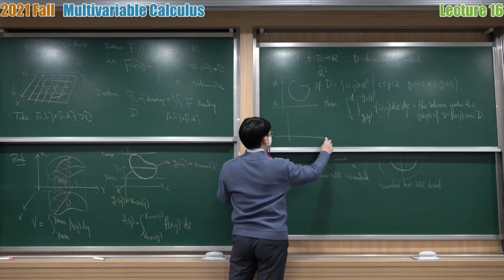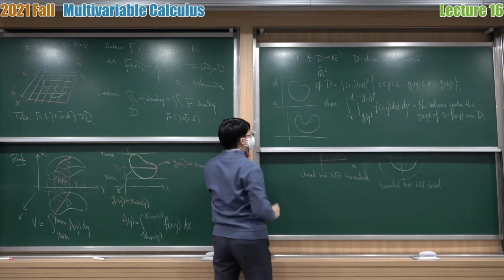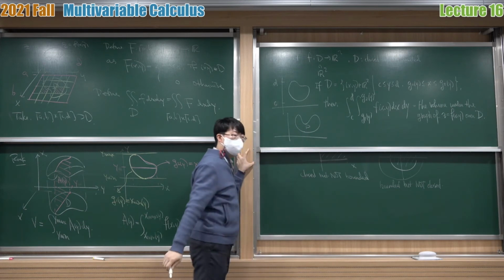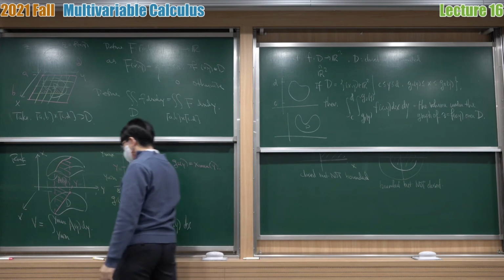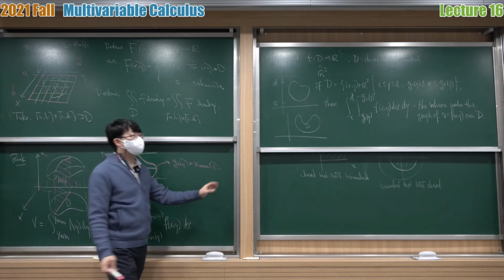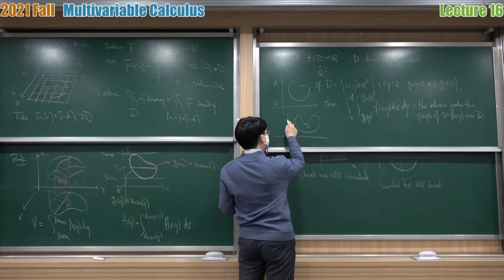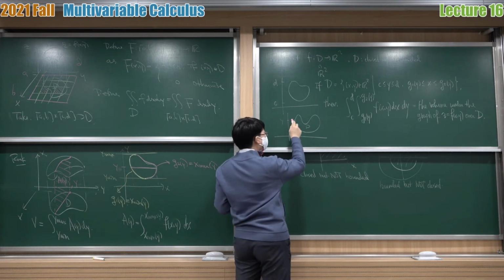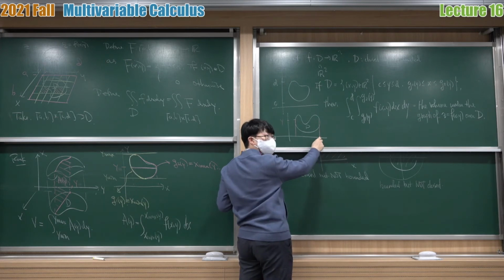So if you have a situation like, let's say you can have a domain something like this, what do you get? If I have y here, then x min is here, x max is here.